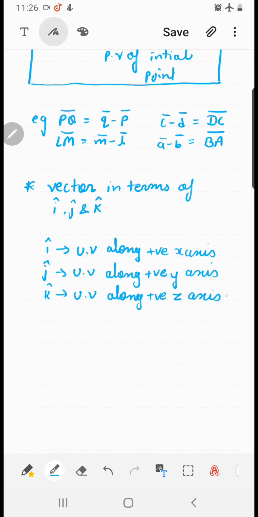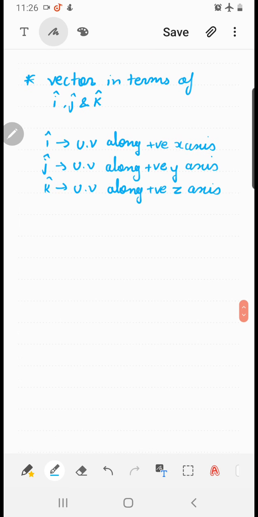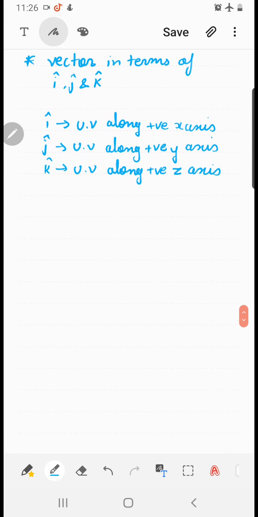So basically the x axis in coordinate geometry means i cap in vector, the y axis means j cap in vector, and the z axis means k cap in vector. So whenever you talk about x, y, z in vector, you should think of i cap, j cap and k cap. Now what we are talking about is a vector in terms of i cap, j cap and k cap.